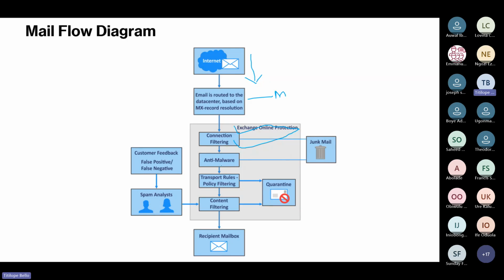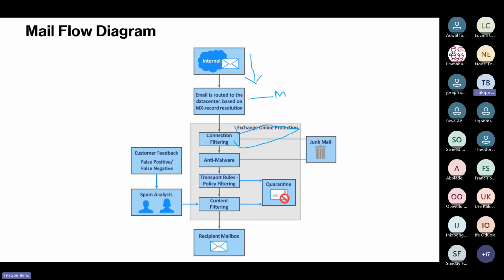You can also check if there are rules saying that if an email contains malware, you can send it to quarantine. If the email does not contain malware, okay, content filter, the content is clean, you can send it to the user's mailbox. But if it is not clean, you send it again to Exchange Online.